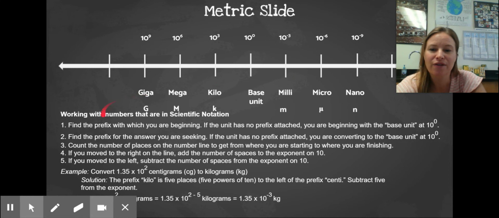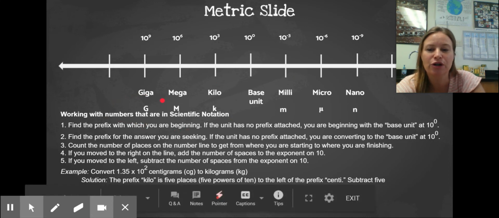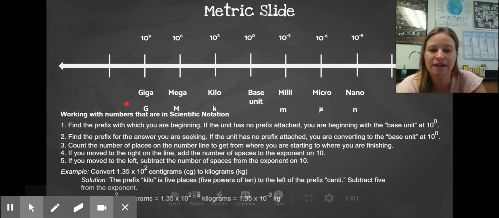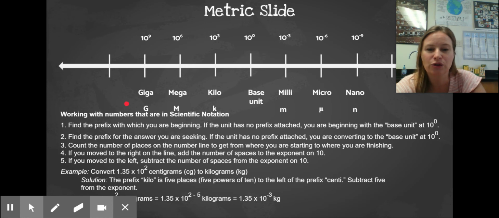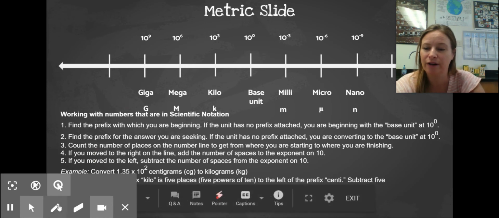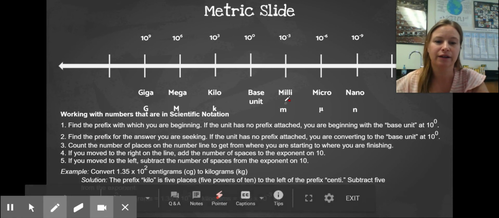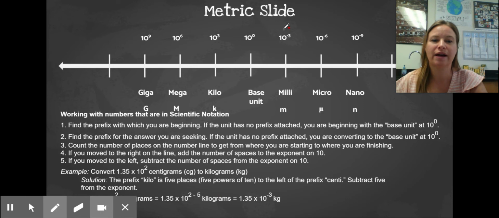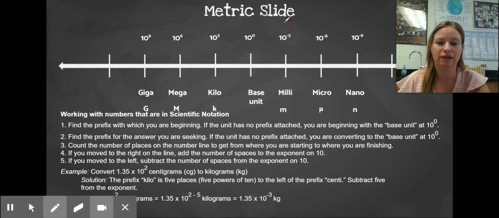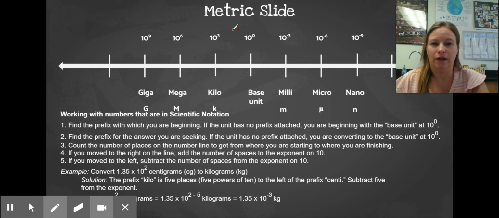Okay, if you have a measurement that is in scientific notation, it's the same idea, except that you are going to add and subtract from the exponents. And I'm going to write on this guy. Okay, so let's say that I had, for my example, let's do base unit to micrograms.